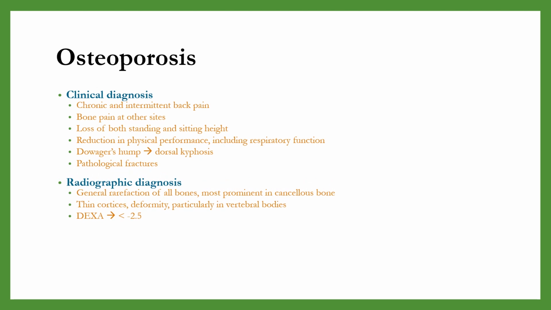For a radiographic diagnosis, general rarefaction of all bone must be prominent in cancellous bone. There are thin cortices and deformity, particularly in vertebral bodies. DEXA is less than -2.5.